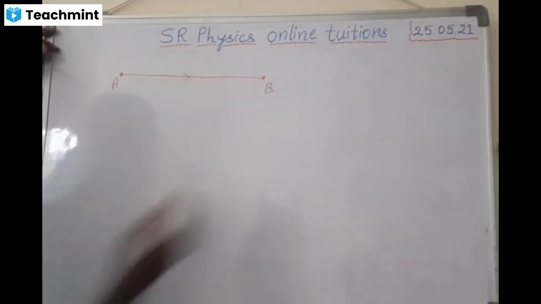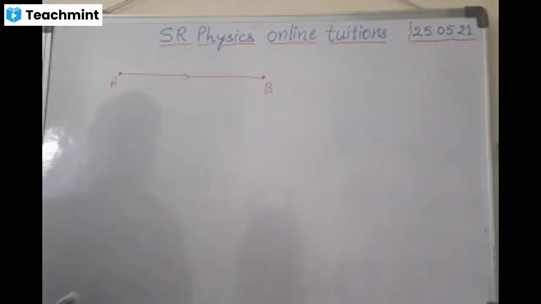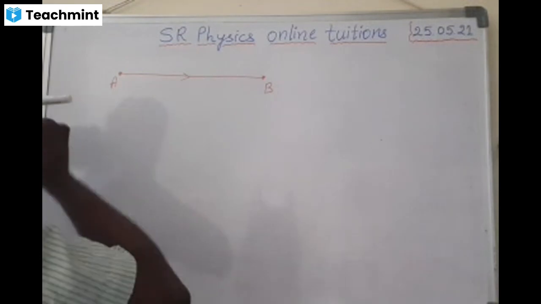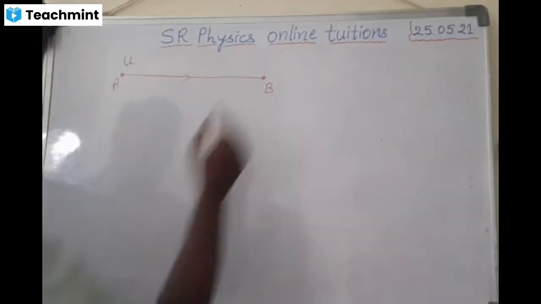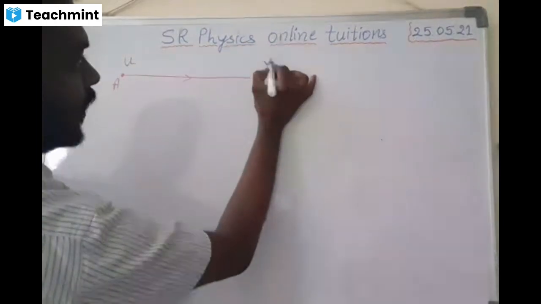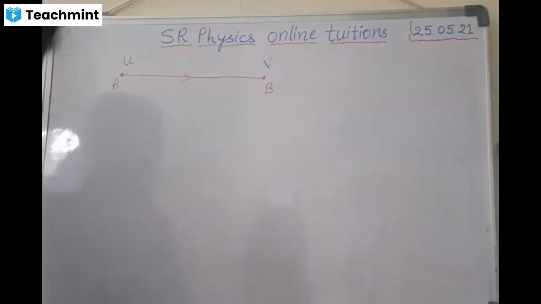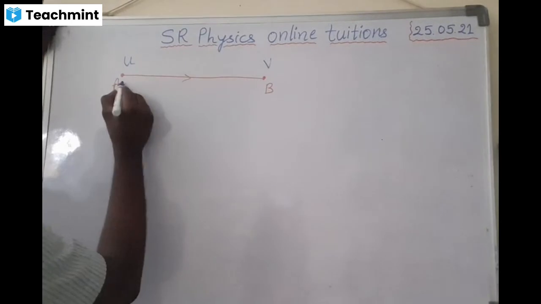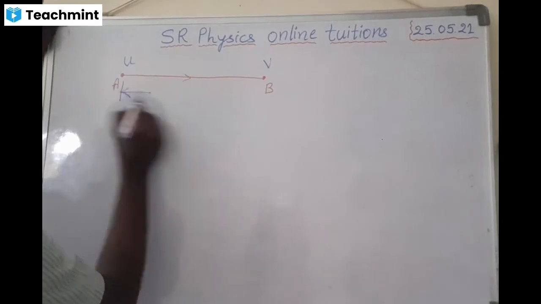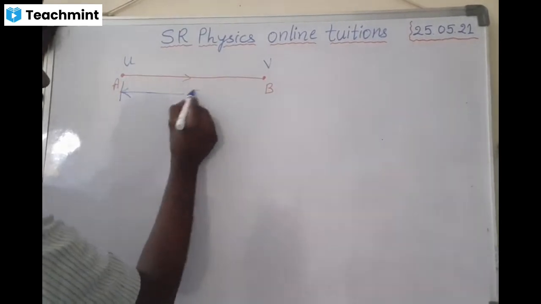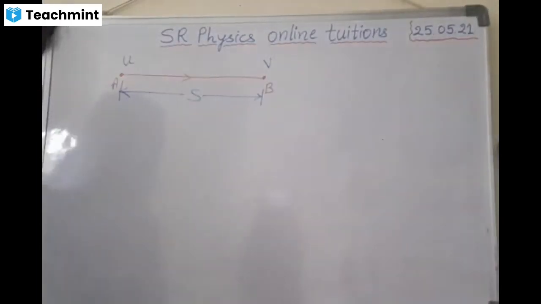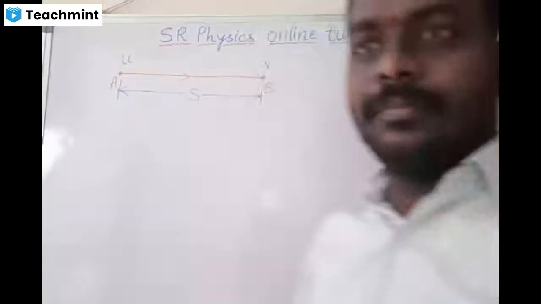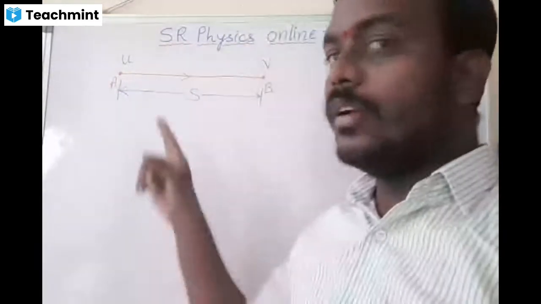Its initial velocity at point A is u, the final velocity at point B is v, and the total displacement between A and B is s.